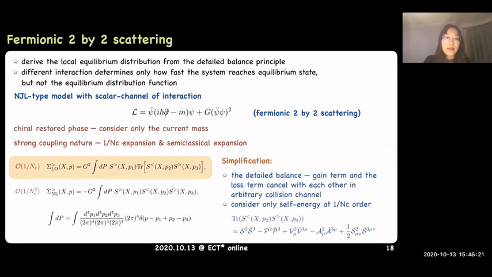In the 1/NC expansion, there are different components of the self-energy, and we take only the very simple one with the trace, because it has simple Dirac structure, and in the principle of detail balance, the gain term and the loss term cancel with each other in arbitrary collision channel, so it does not lose any generality to take only one component of the self-energy.